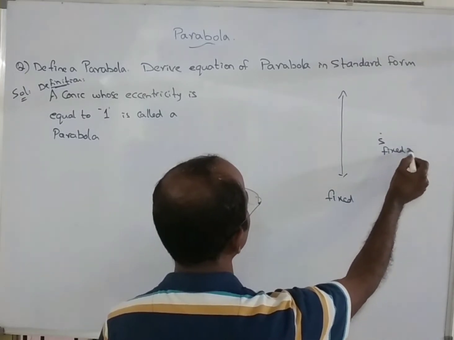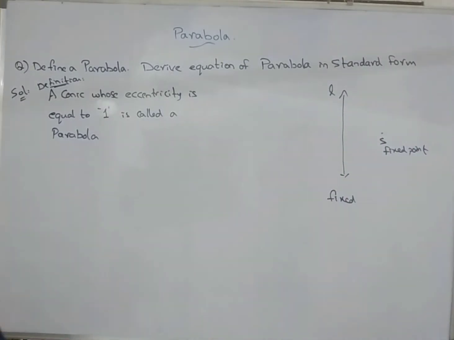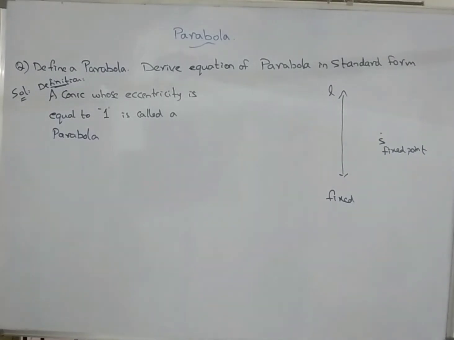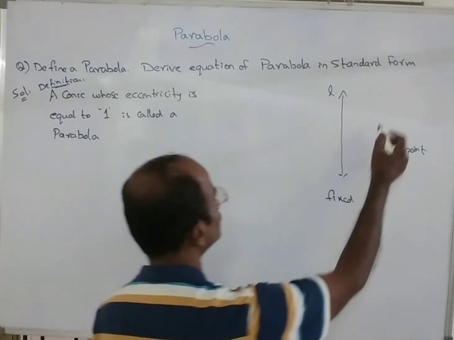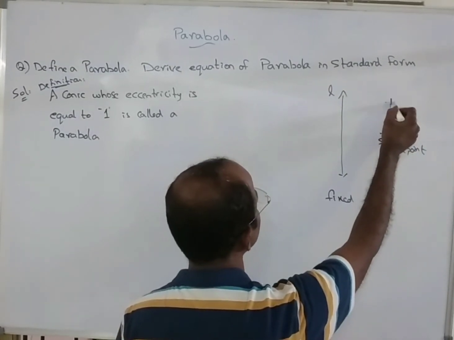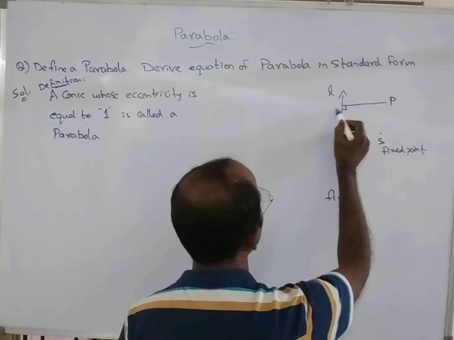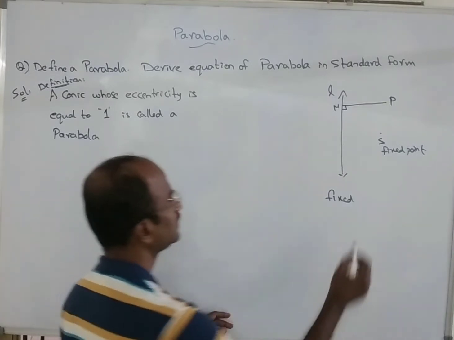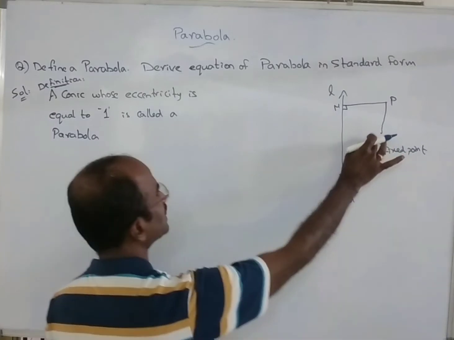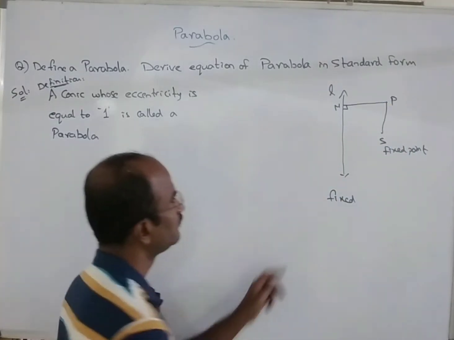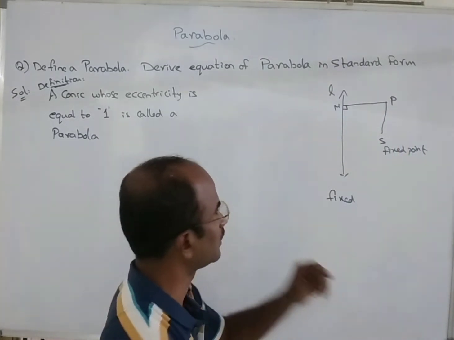Let us denote it with S. This is a fixed line L. Now, if you take any variable point P, whose distance from this fixed line is PM, and this is the distance between S and P, the fixed point and the variable point. We can take the point anywhere. That's why I took it here. You can take the point wherever you want.